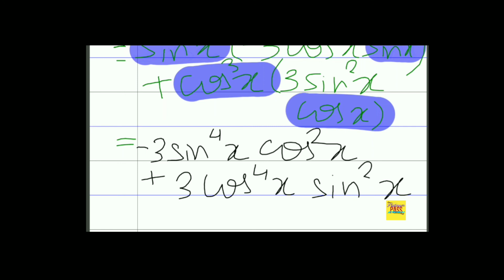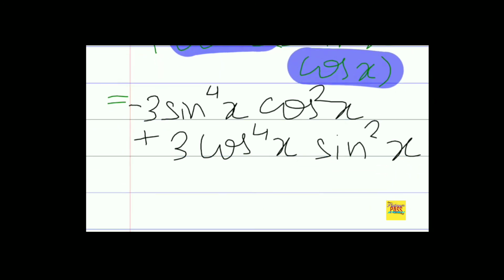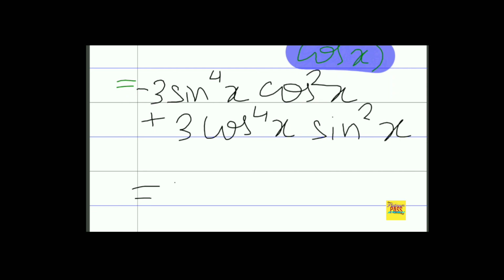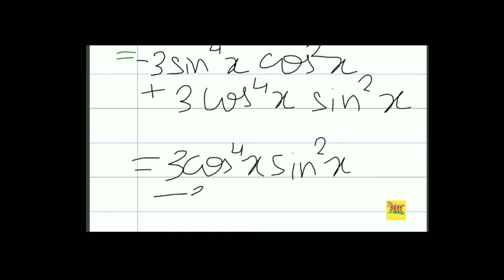Now you can rewrite this equation with the positive term first and then the negative: 3 cos 4x sin square x minus 3 sin 4x cos square x.